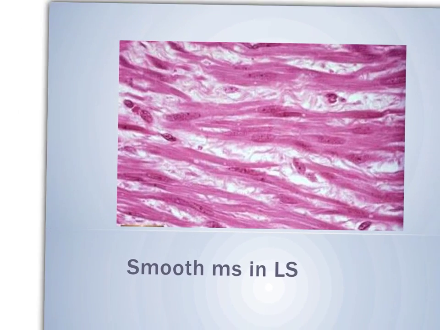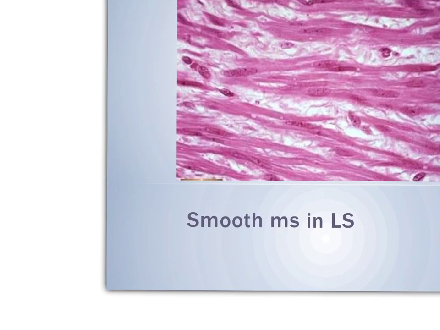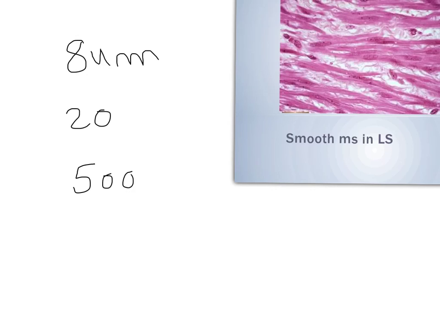Also in this section you should remember the size. We have discussed the shape, but about the size we have the following data. As regards the size, you should remember the numbers 8, 20 and 500. The number 8 is 8 micrometer, which is the diameter of the smooth muscle fiber.